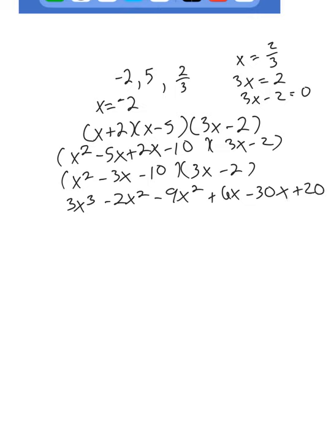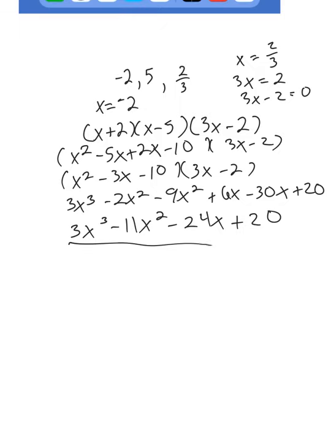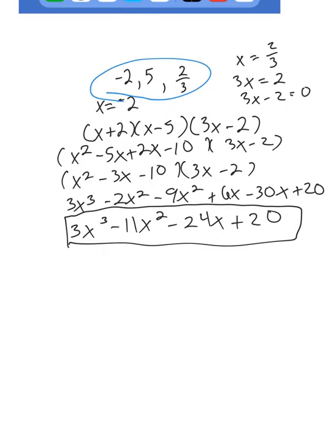Now all I have to do is combine my like terms, and this is a possible answer when you are given zeros and you need to find an equation. So this would be your equation with these given zeros.